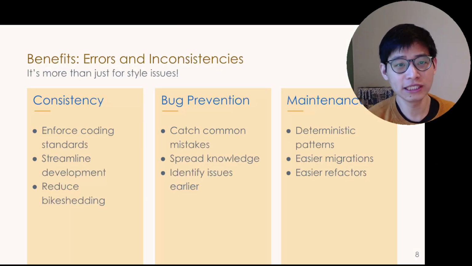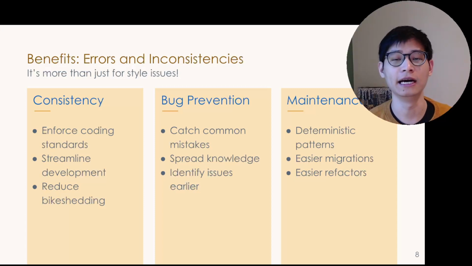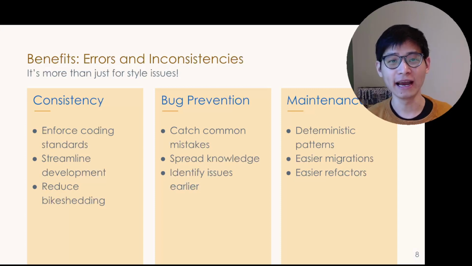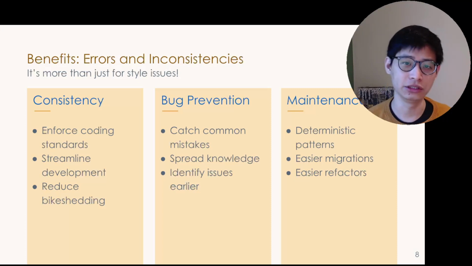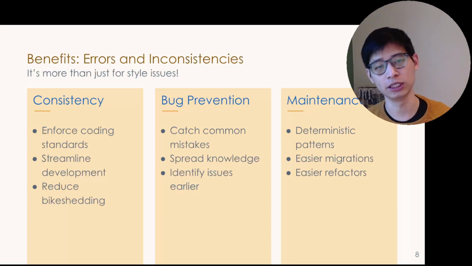So it's more than just styling issues, right? Lint rules help enforce coding standards, make your development a lot more streamlined because you understand where everything is placed. And it reduces a lot of bike shedding, which is discussion among PR reviews where someone wants to say, hey, you should follow this pattern, but the other person doesn't agree.